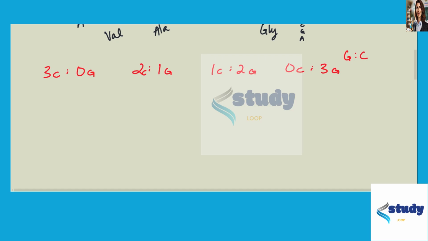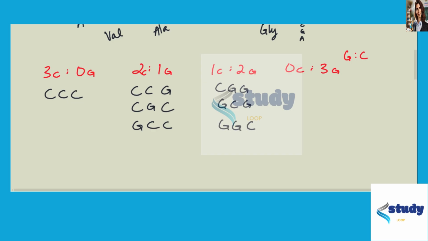And you can just write in the different combinations of these. So these should be some of the codons and DNA sequences that you get. And then from there, you can just use the table to figure out what amino acids these would code for.